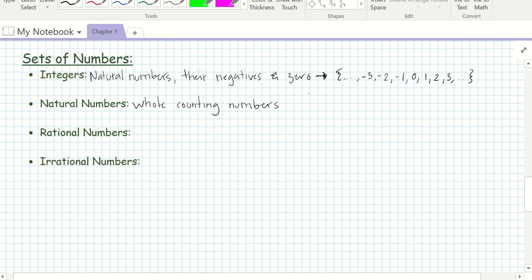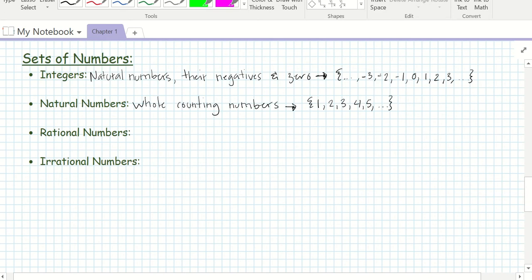What do they start counting? They start with 1, 2, 3, 4, 5. So basically, it's the numbers that we use to count with. So the set will go 1, 2, 3, 4, 5, and I'm going to do dots just to show that it keeps going. It doesn't stop. It's an infinite set.